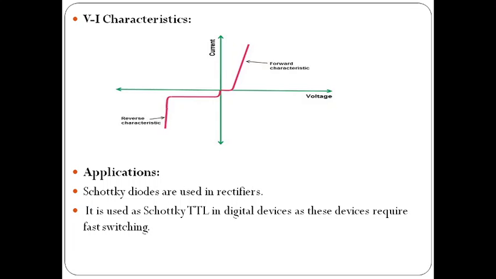So the graph looks like the normal PN junction diode, but in forward bias, the cut-in voltage is very small in the Schottky diode. It is about 0.15 volts to 0.45, and in reverse bias, the reverse saturation current is more compared to the normal PN junction diode. Okay?